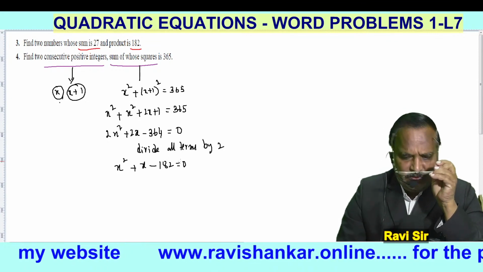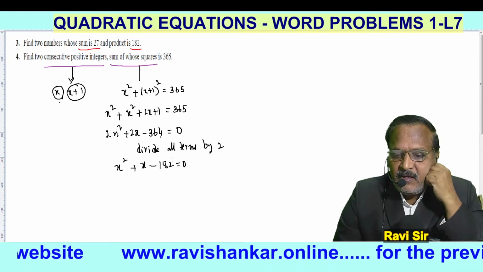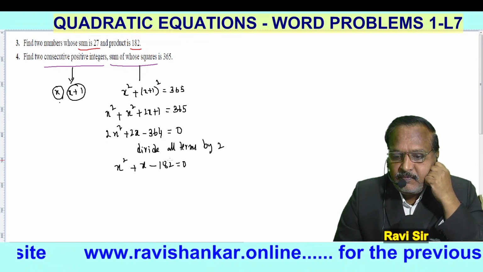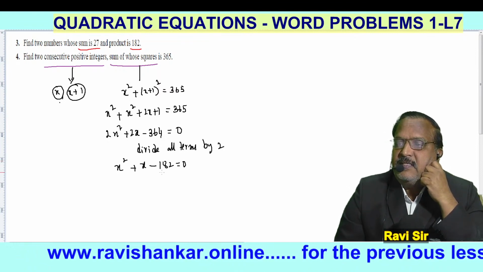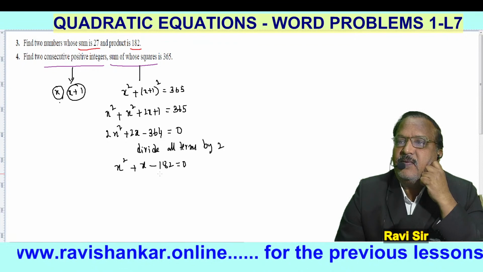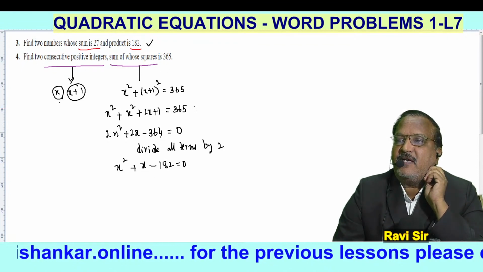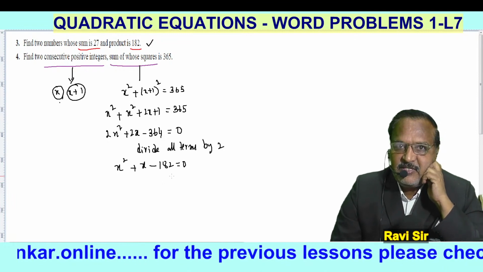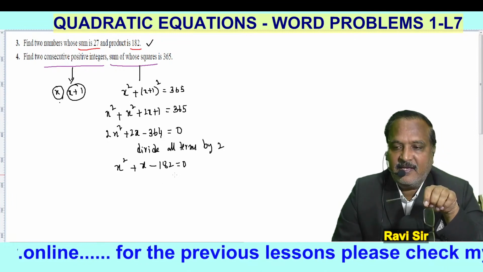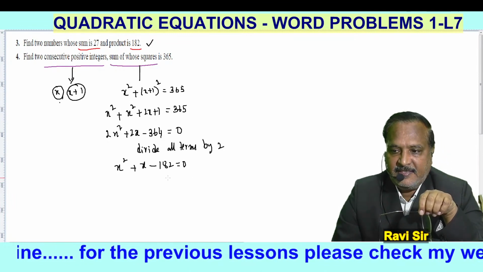So this is 182, right? This question and the first question are the same. In the first question also, after bringing it in the standard form, we got the same.